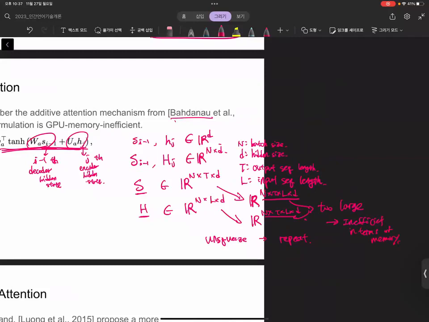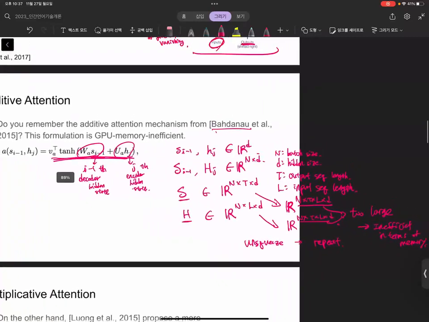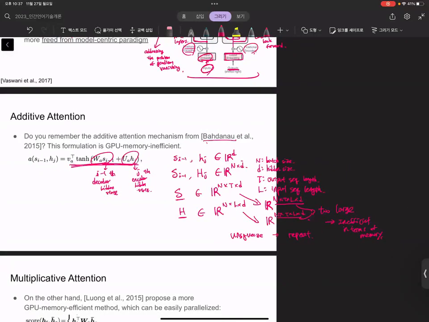So this is the limitation of Bahdanau attention. So far we have seen why this additive attention is inefficient in terms of GPU memory.